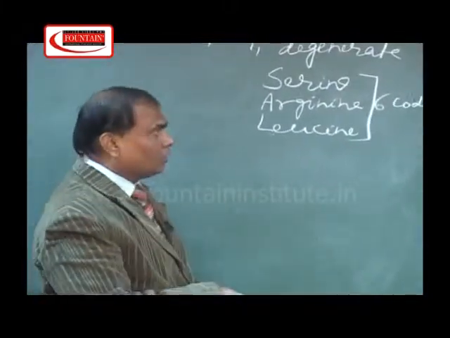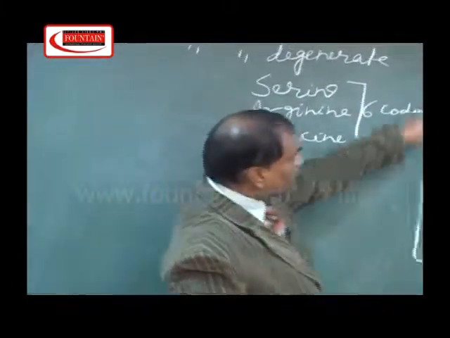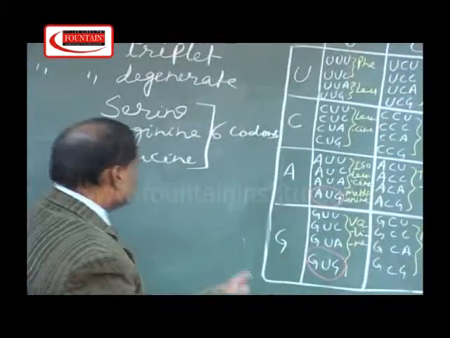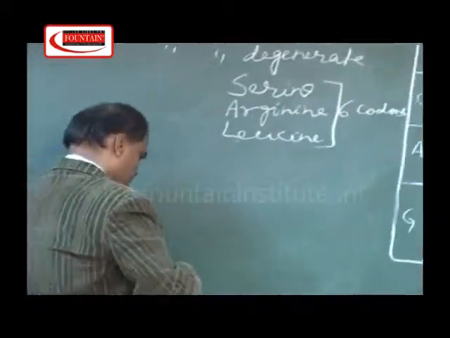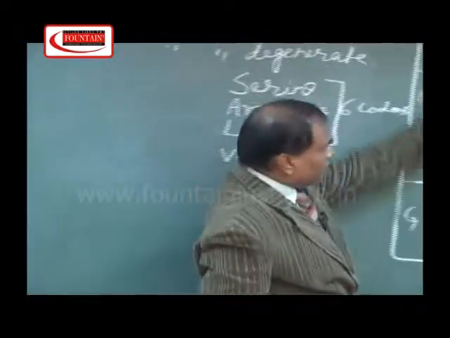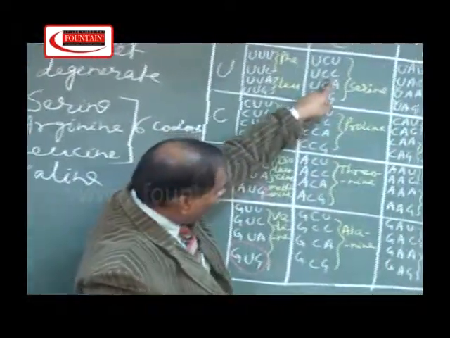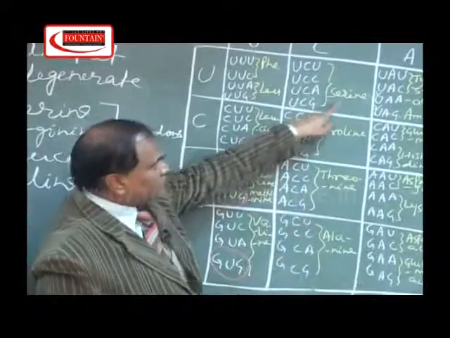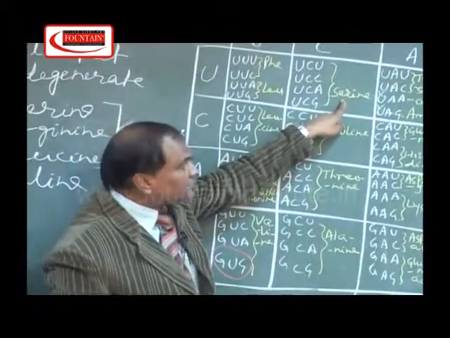For example, the 4-codon amino acids: in the first row, that is valine. In the second row, all the 4, minus serine, because it has 6 codons.